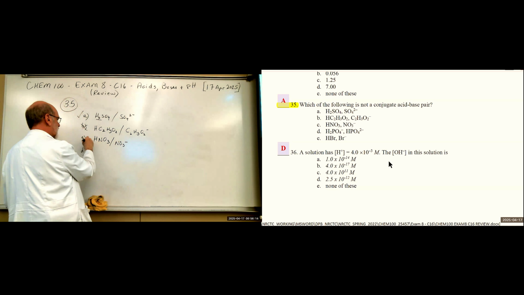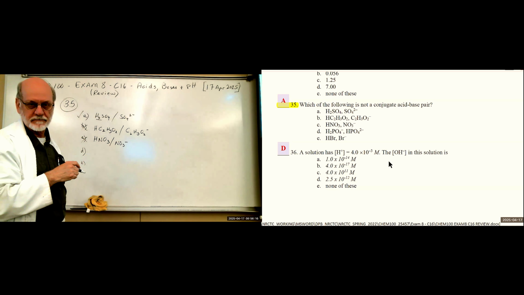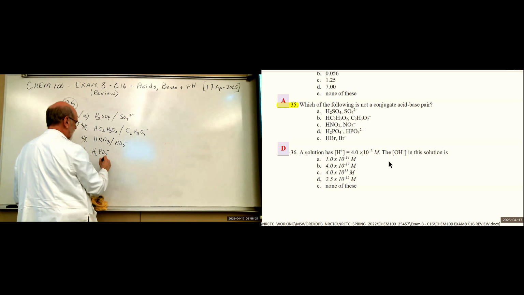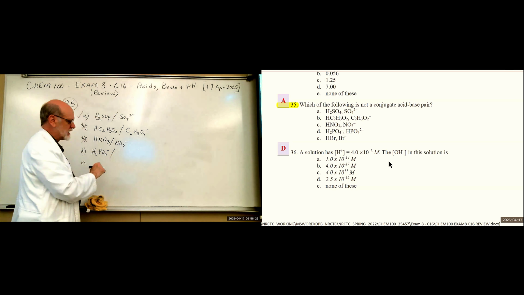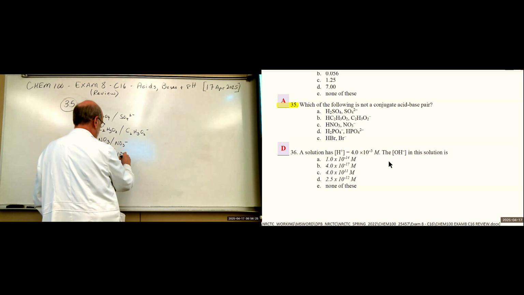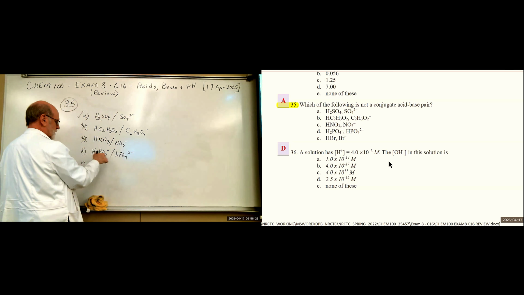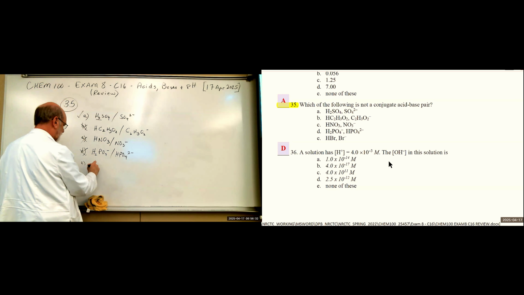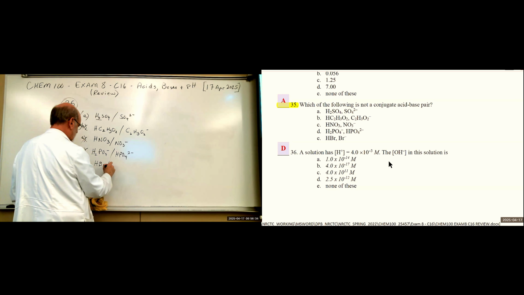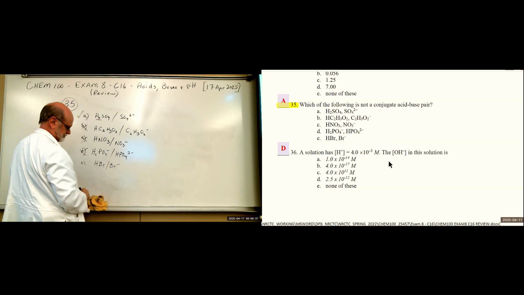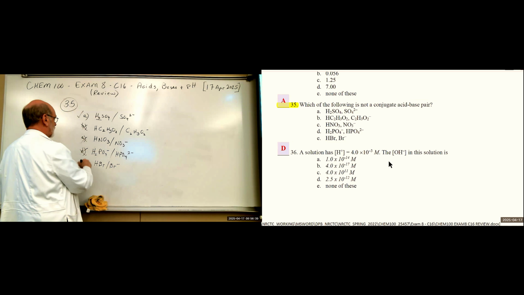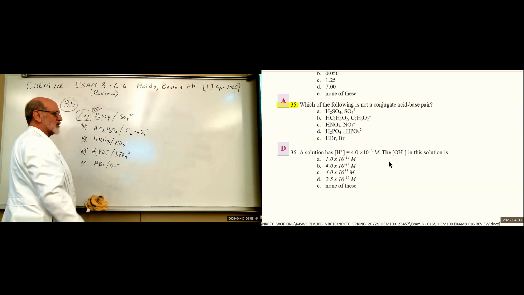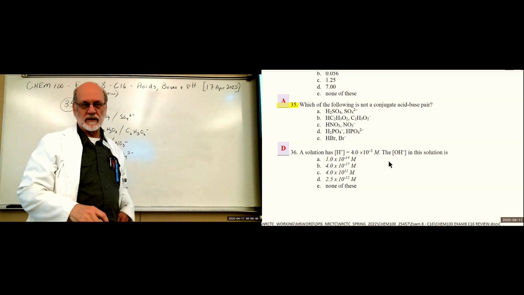Yep, that's a conjugate acid-base pair. Doesn't answer the question. H2PO4 minus and HPO4 2 minus. Yep, that's a conjugate acid-base pair. And the last one. HBr and Br minus. Yes. Right. So the only one that is not a conjugate acid-base pair is the first one.